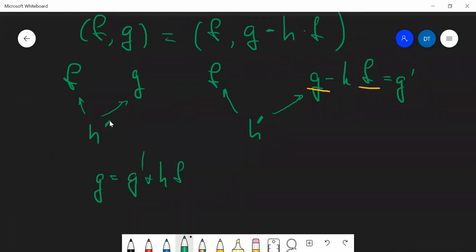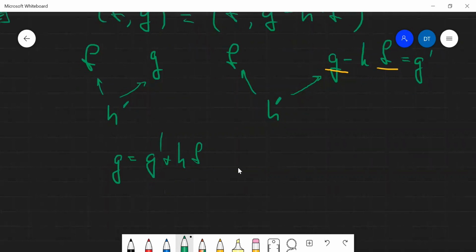So again, if h prime divides f and g, then h prime divides f and this expression. And if we denote this expression by g prime, then g is equal to this expression. And by the same argument, if h prime divides f and g prime, then h prime divides f and the same expression.